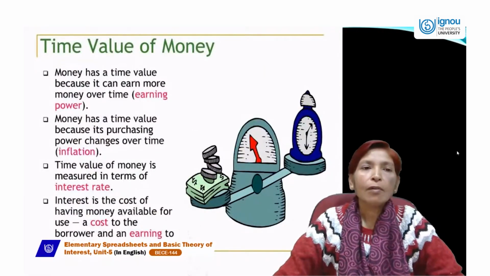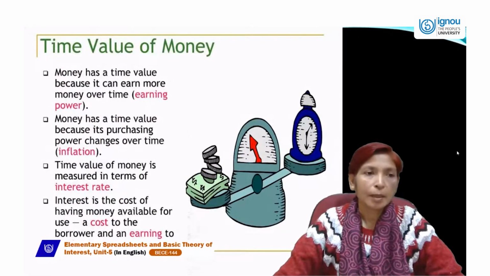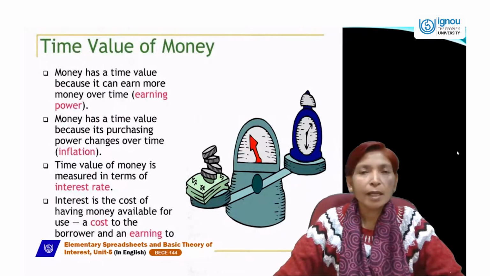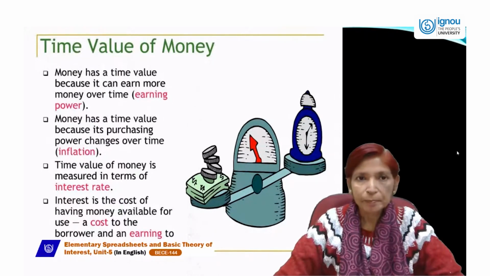What is the meaning of time value of money? You know that money is a very liquid form of asset, and money plays a very important role in each and every activity of the economy.